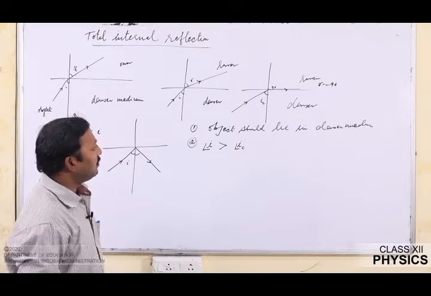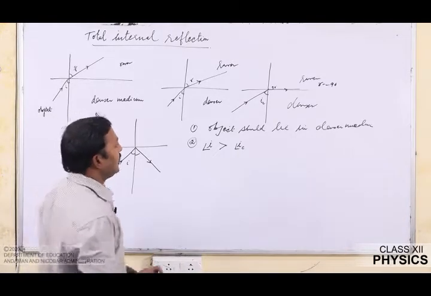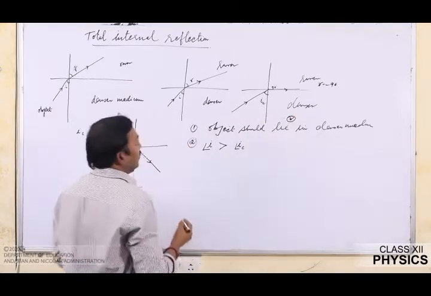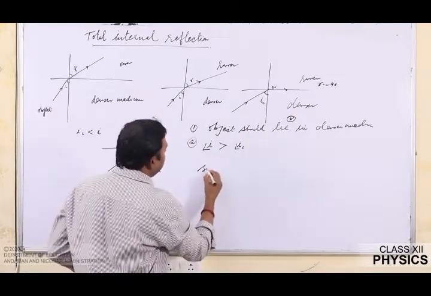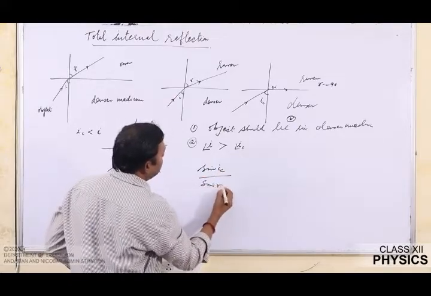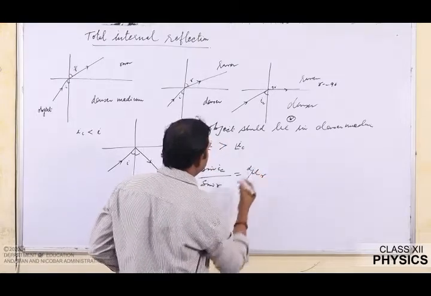Now, we will try to relate the critical angle to the refractive index of the medium. From diagram number 3, using Snell's law, we get sin IC divided by sin R is equal to the refractive index of rarer medium with respect to denser medium.